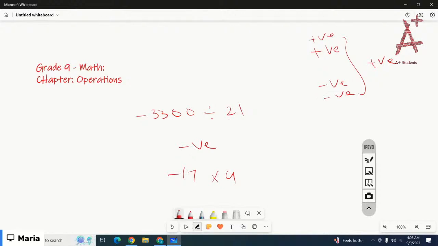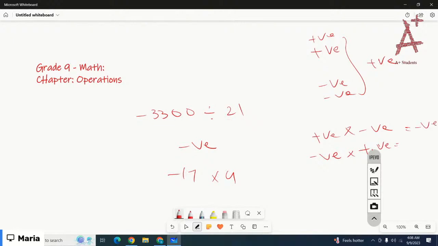And when the integers have different signs, like one is negative and the other is positive, the answer must be negative. In case of division, if both numbers have exactly the same sign, the answer must be positive. These are the rules you can apply when adding or subtracting, multiplying and dividing integers, right?